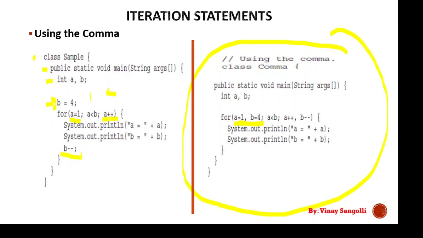One is a plus plus and another one is b minus minus. Again, both these variables have been defined inside the for loop. How? Again, using the comma operator. So this is the use of the comma operator. Using the comma operator, you can define multiple variables inside the for loop.